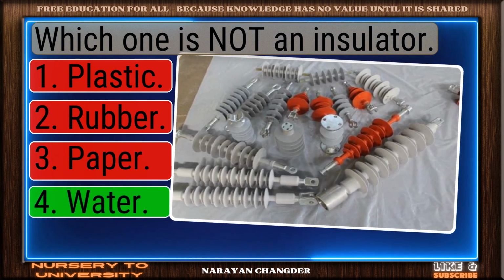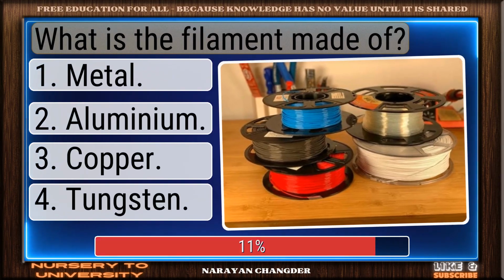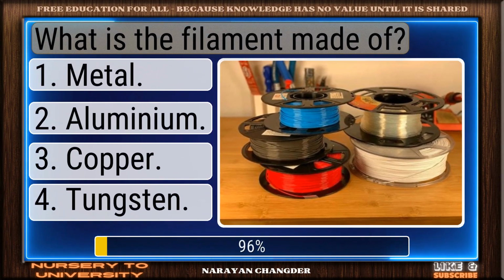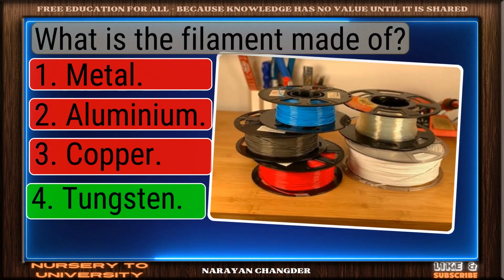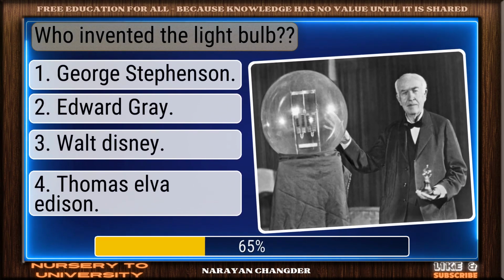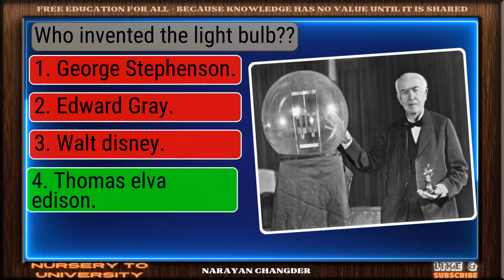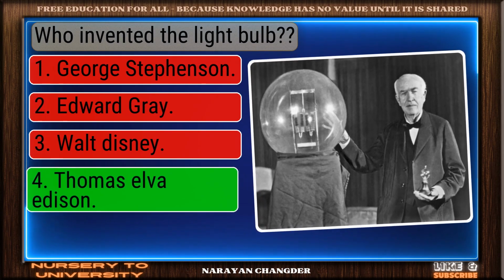Water is an accurate answer. What is the filament made of? You're right. Tungsten is the correct answer. Who invented the light bulb? Strong choice. Thomas Alva Edison is the right answer.